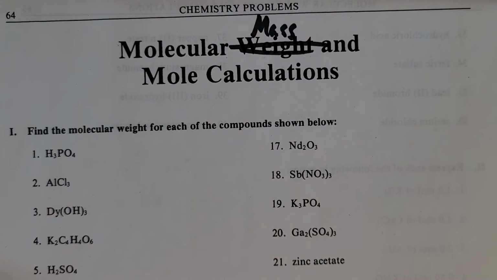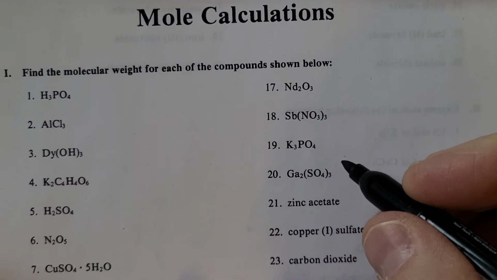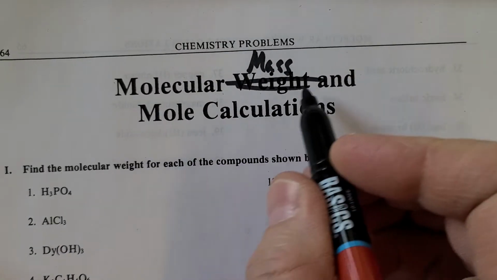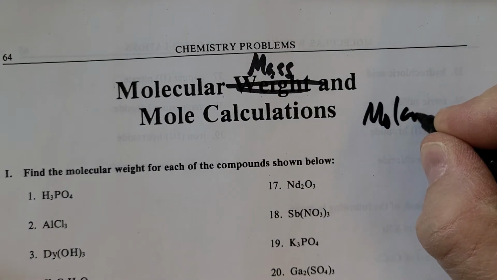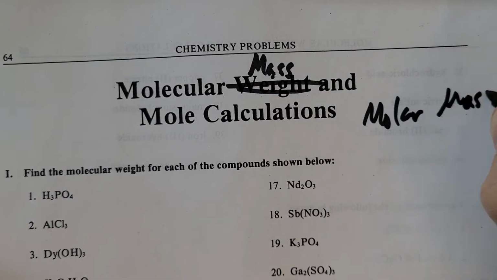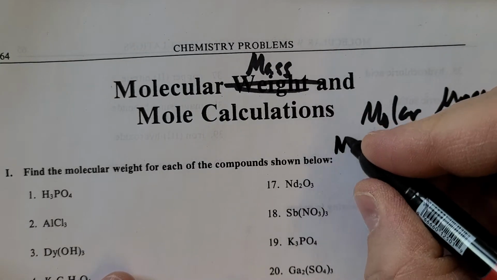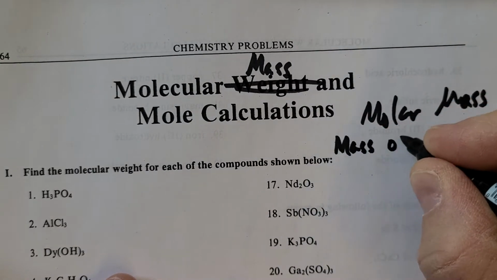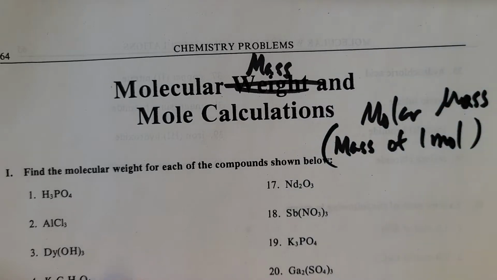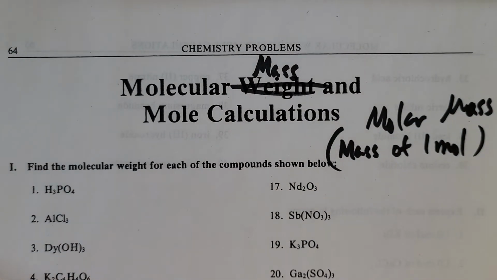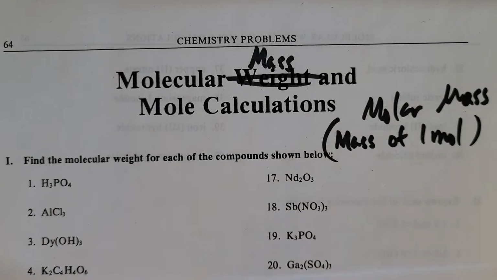So for example, if we take a look at potassium phosphate, and if we're figuring out molar mass, we're looking at the mass of 1 mole of substance. That's really what it means, finding the molar mass. So I'm going to go on a different piece of paper here.